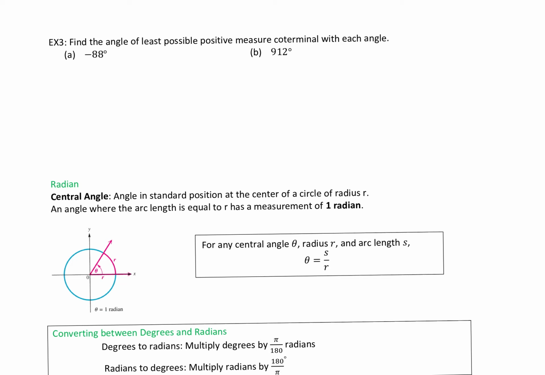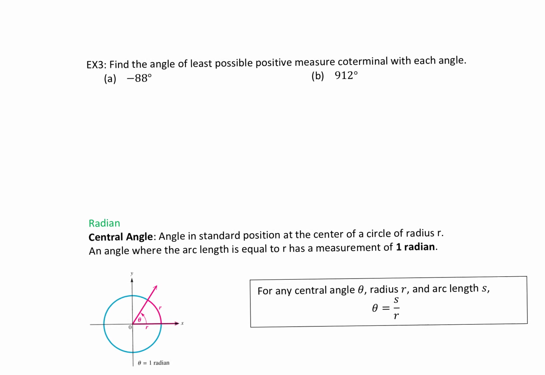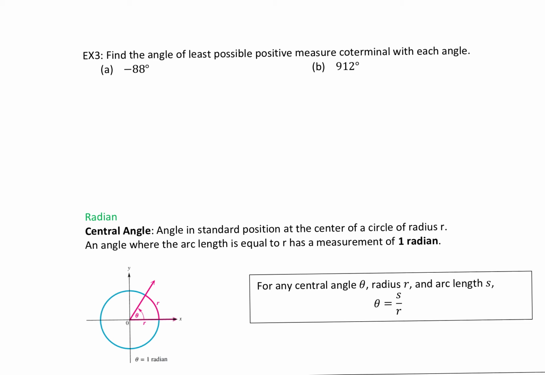Some language that you may see when you're going through the exercises in the textbook is similar to the language in example 3. In example 3, it says find the angle of least possible positive measure coterminal with each angle. So all that means is find a coterminal angle that's positive and as small as possible.